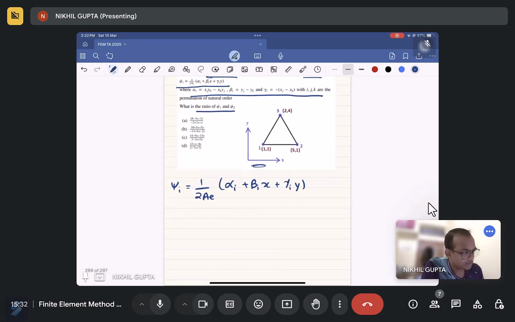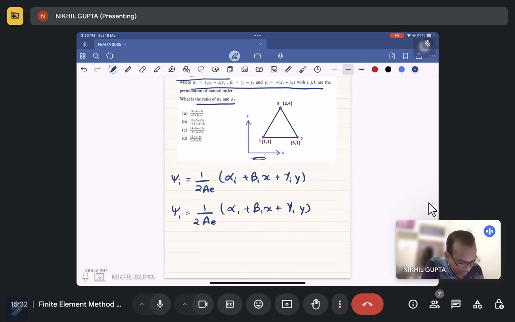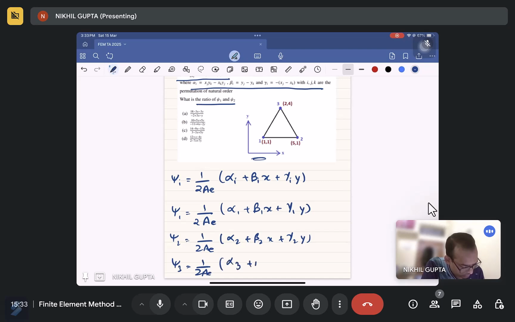If you write it for 1, 2, 3, this will be 1 upon 2 area of element times alpha 1 plus beta 1 x plus gamma 1 y, and you can write this for all, so xi2 has beta 2x plus gamma 2y, and xi3 will be 1 upon 2 AE times alpha 3 plus beta 3x plus gamma 3y.